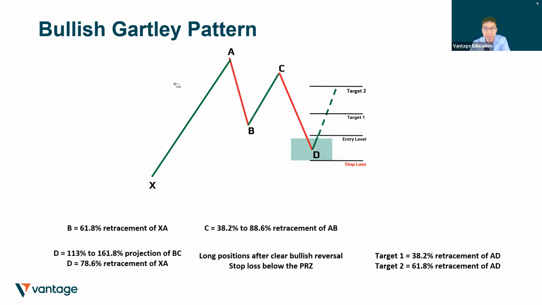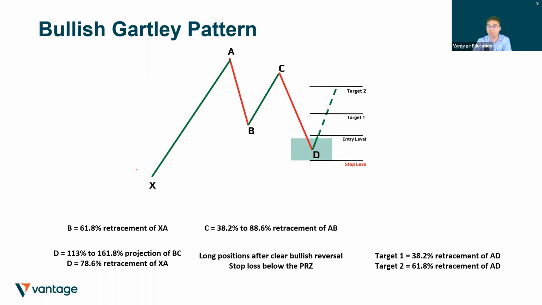Okay, we have the bullish Guthrie pattern, HM Guthrie. Let me get the pen out. This was first outlined by HM Guthrie, the man himself. The Guthrie pattern is probably the most known harmonic pattern.